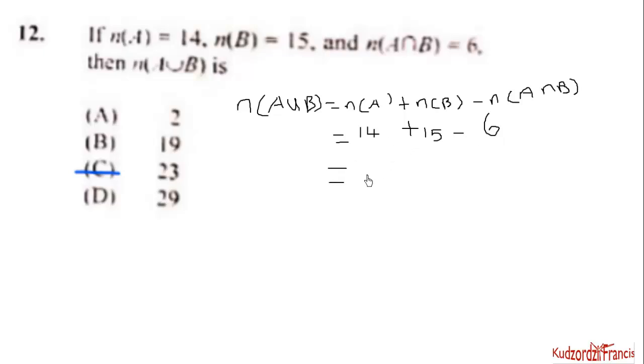This will be 29 minus 6, which is equal to 23. So the correct choice is option C.